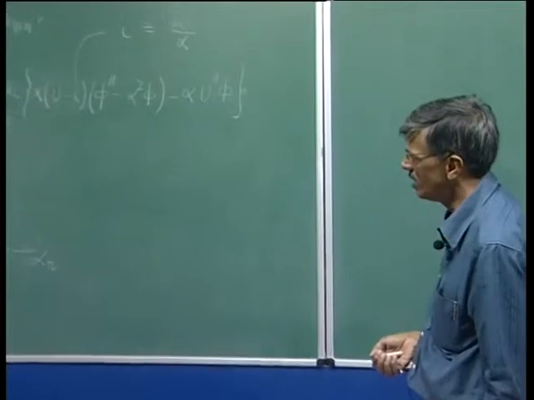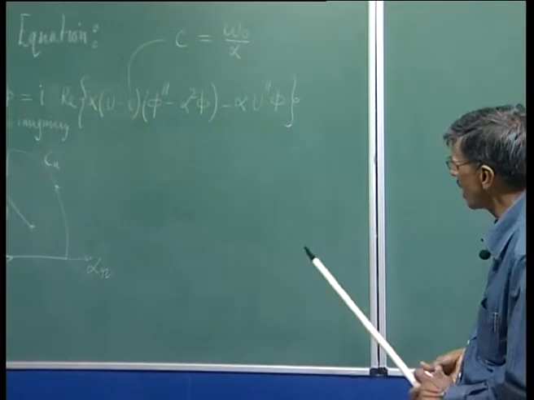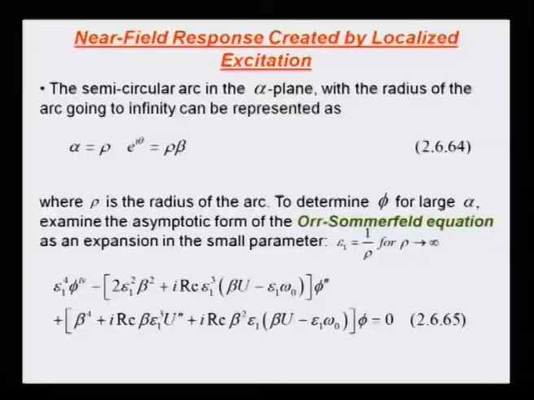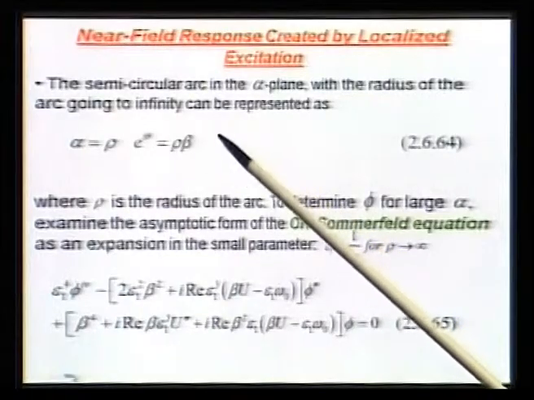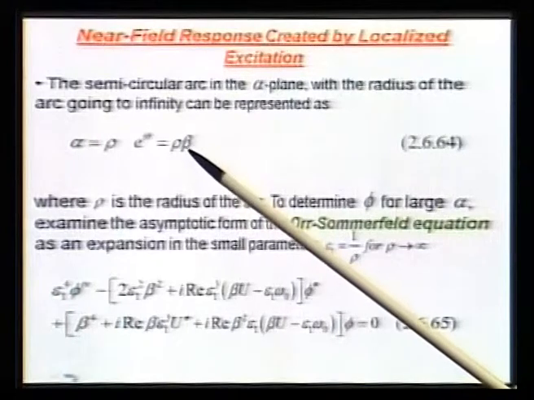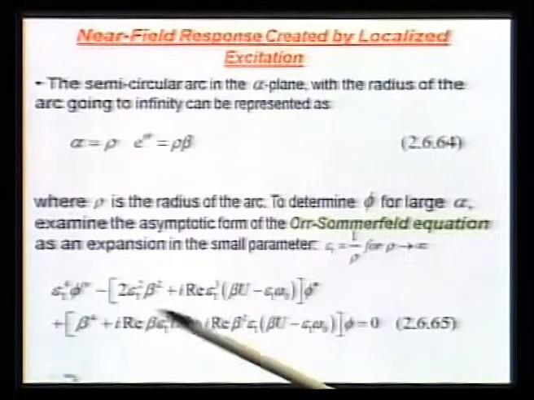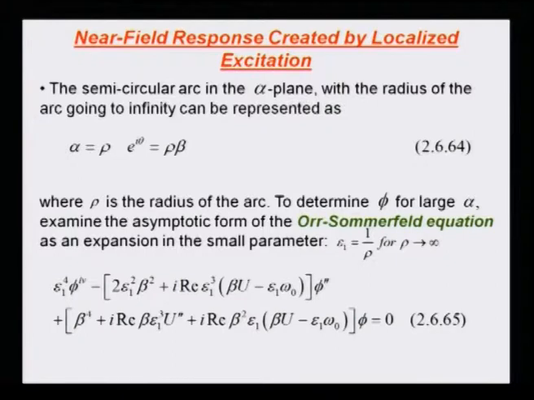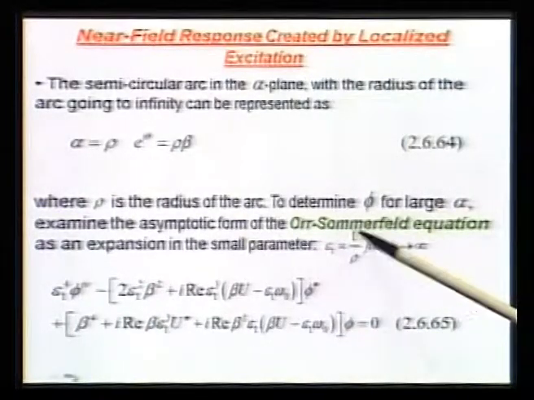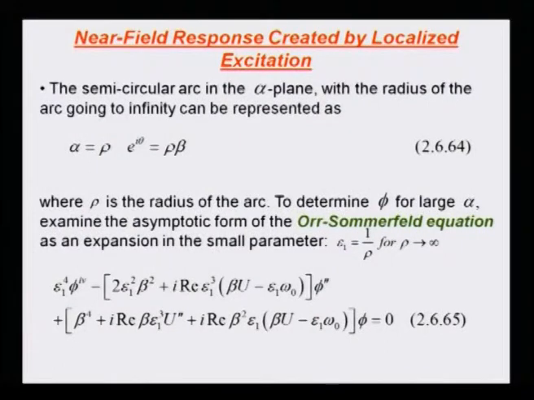Wherever alpha appears, I will write it in terms of beta by epsilon 1, and I plug it in and expand it. This is what I get. So basically we are writing the Sommerfeld equation for the limit alpha going to infinity in terms of a small parameter epsilon 1. Very simply done. There is no trick involved here.